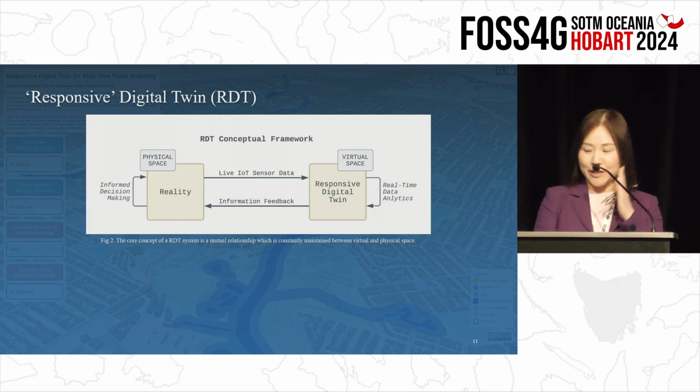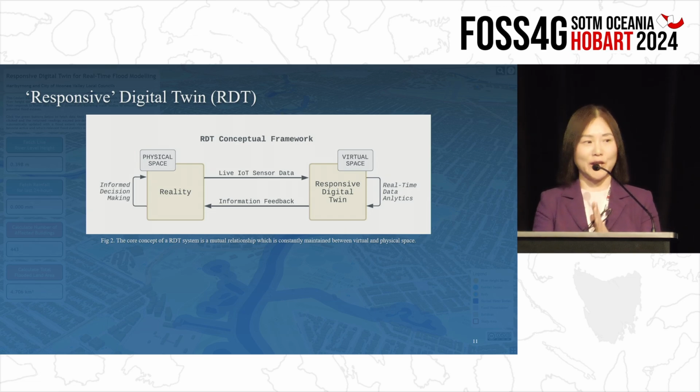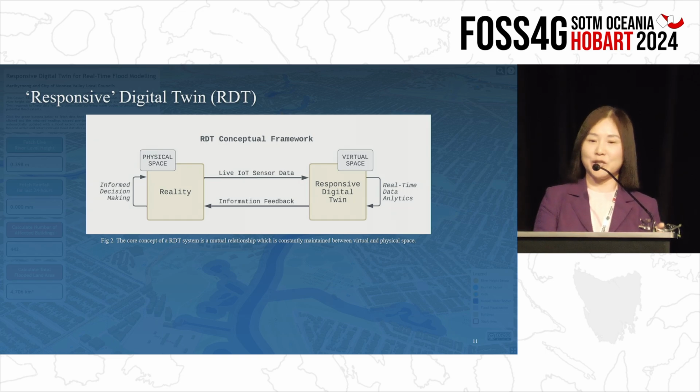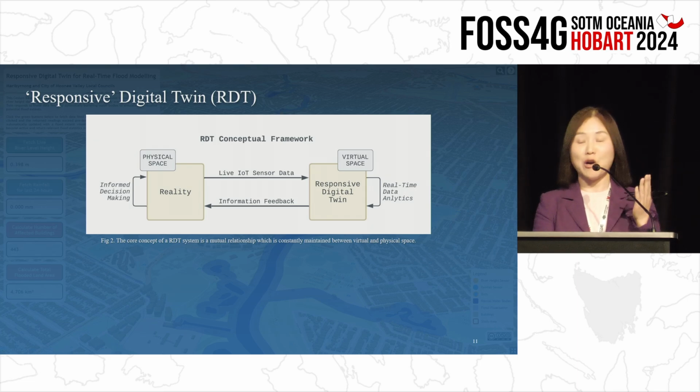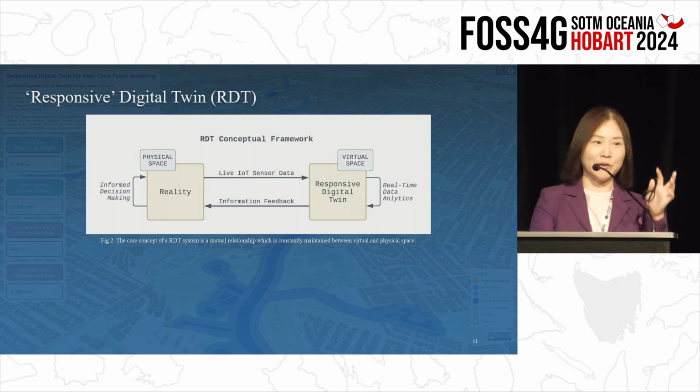And at this point, we still can't call it a digital twin until we can provide feedback back to reality to help planners and city council officials make decisions. So we close the loop, and conceptually we can call this kind of system a digital twin.